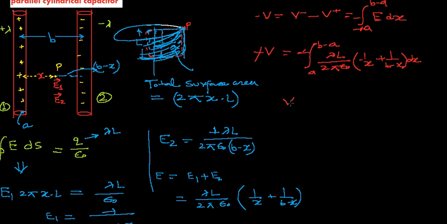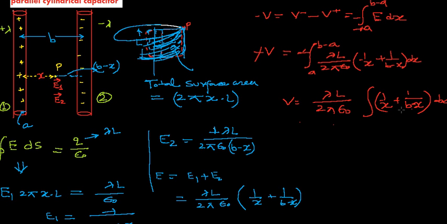Then total V will be equal to lambda over 2 pi epsilon naught times the integration of 1 by x plus 1 by b minus x dx, right?